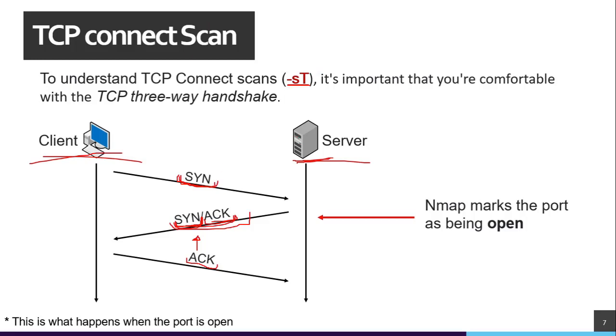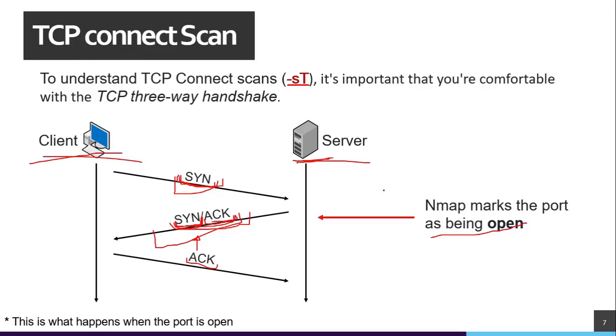Nmap will send a TCP SYN packet to the server, and when it receives a SYN-ACK, Nmap marks the port as open and finishes the three-way handshake by sending a TCP packet with the ACK flag set. That's how the TCP Connect Scan works.